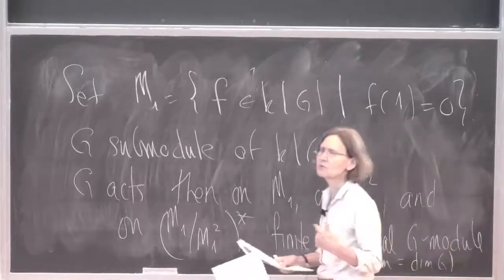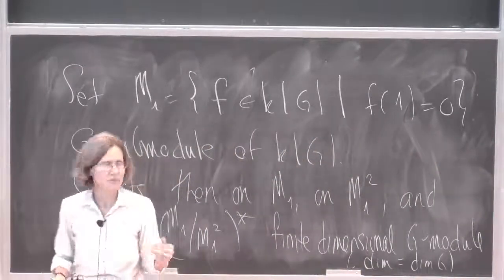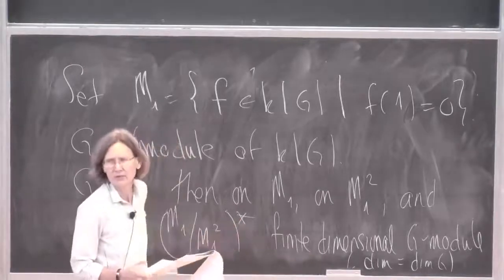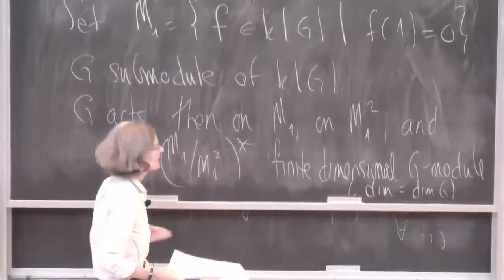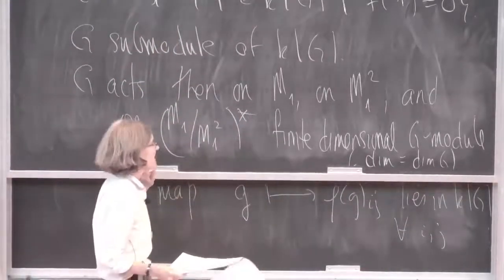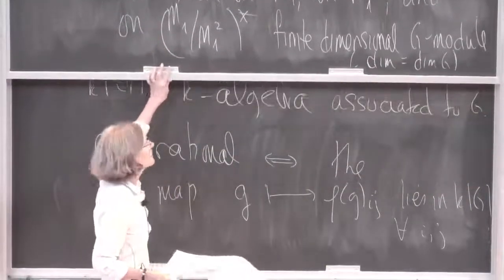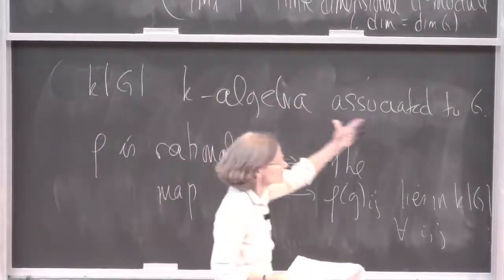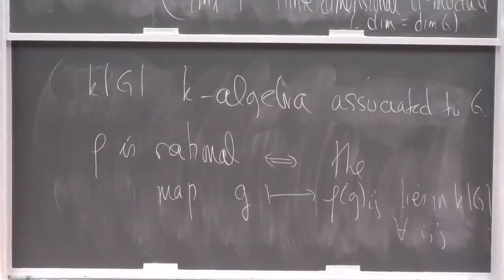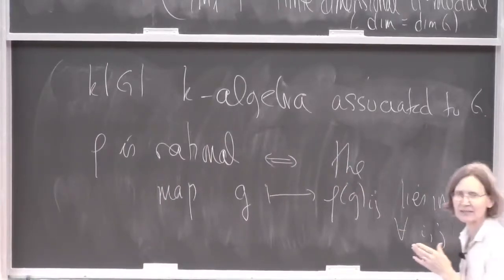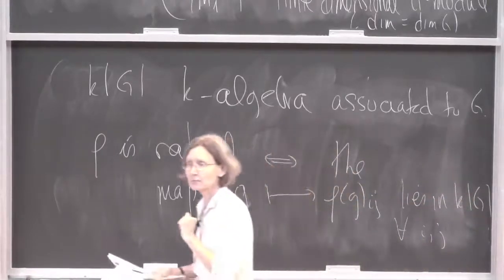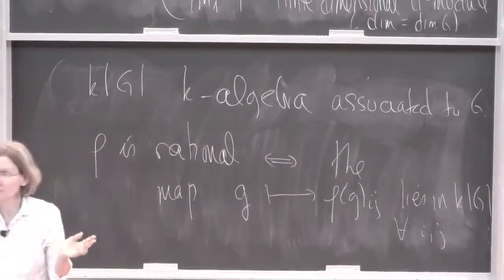Okay, so I'm going to give this a name. This is not the point of view that I usually take, okay? But it's the most direct route. But we don't have to be direct. So this is a finite dimensional G module, and I'm going to give it a name. I'm going to say the associated representation is the adjoint representation, okay? I don't really like this point of view, but I'm going to tell you the other point of view, and then you've got two, and you can choose, okay?